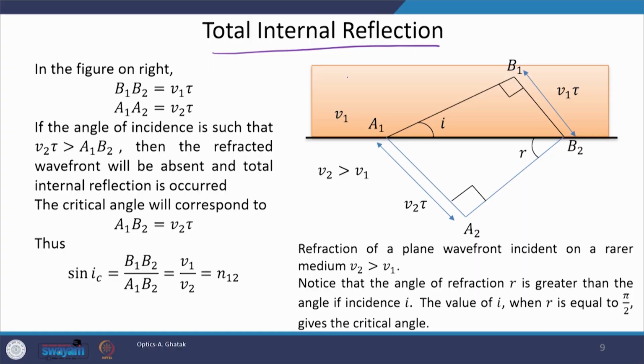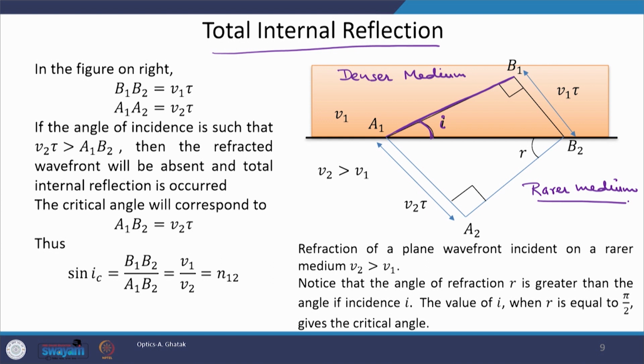Therefore, this shaded region we call a denser medium, and this we call a rarer medium. Okay, and within the denser medium, wavefront A1 B1 is traveling, and it is made to be incident on the interface between the two media at an angle I, which is our angle of incidence.